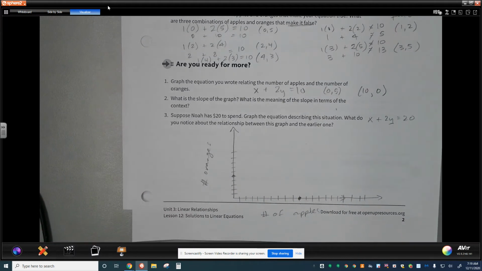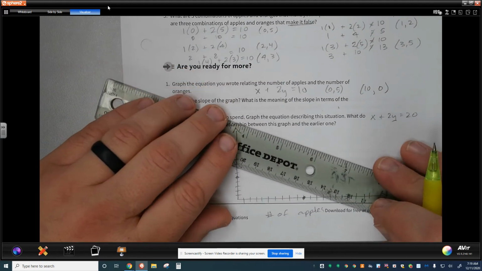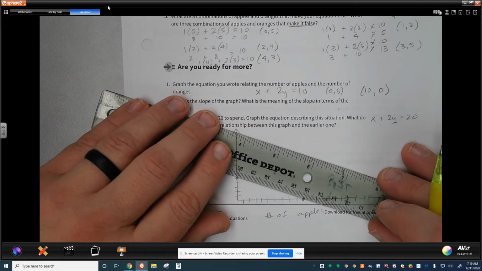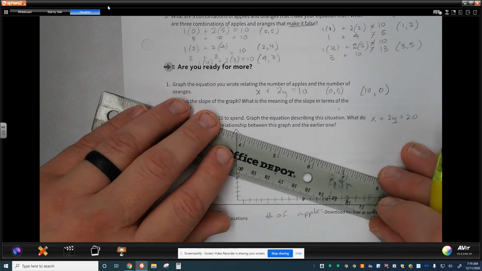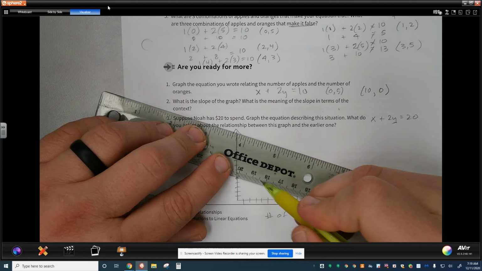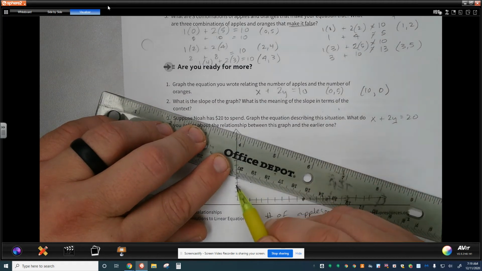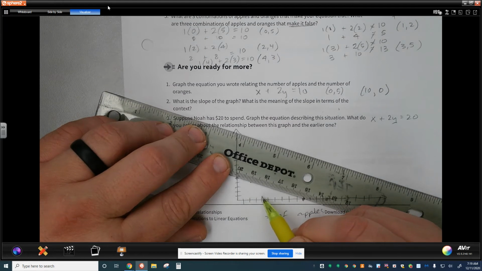And then I have two nice points here to be able to graph a line that would tell me how many apples and how many oranges I could get at any point along here, keeping in mind that I can only buy whole numbers. So what I'd have to be careful of is looking right here, where would these two lines intersect?